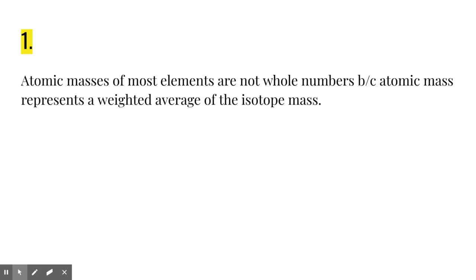You don't have parts of protons and neutrons. It's looking at their percent abundance, the probability that you would encounter one of those isotopes. So that's where the decimals come from in your atomic mass. It is from the weighted atomic average of your isotopes for your elements.